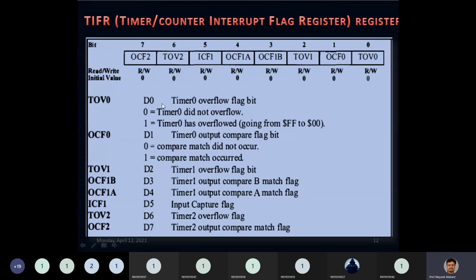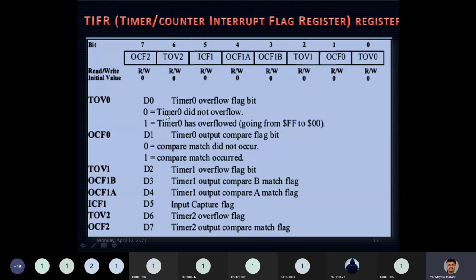The flags that we talked about, the TOV flag and OCF flag, are available in our TIFR register. This TIFR register is available in your I/O section, and it has many flags in it. Starting from bit number 0, it is the TOV0 flag.